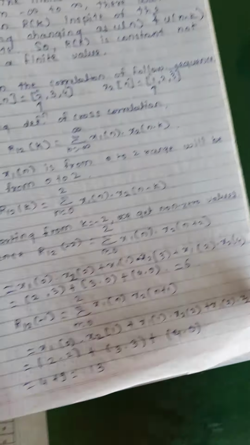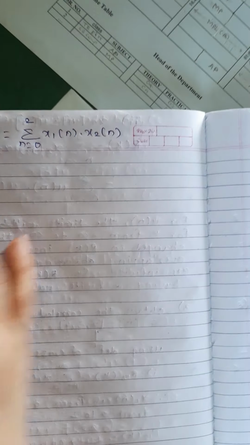Now next is R12 of 0, the summation for n equal to 0 to 2 of x1 of n, x2 of n.